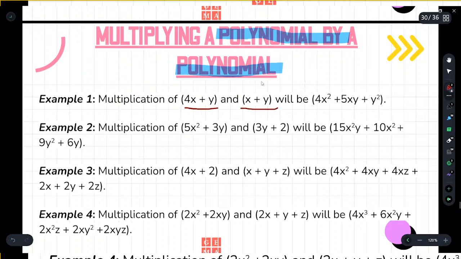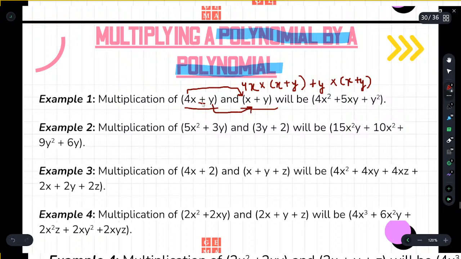Okay, this is the same as 4x into x plus y plus y into x plus y, right? How come? We will be multiplying this with the bracket first and then this with the bracket next.